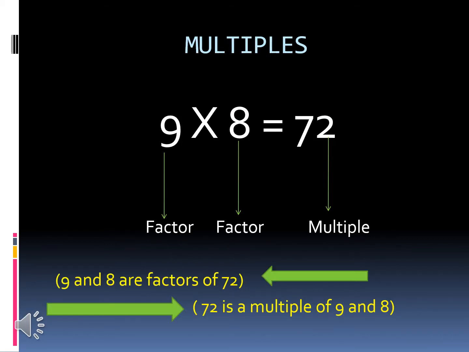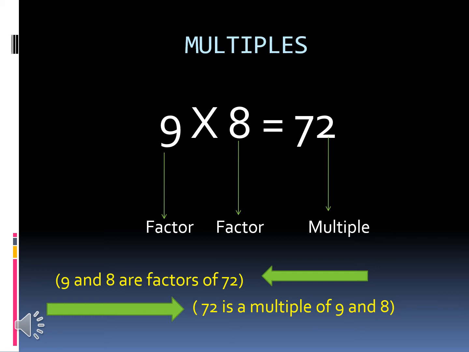Now let's learn how factors play with multiples and how multiples play with factors. Very simple example in front of you. 9 8s are 72. So 9 exactly divides 72. 8 also exactly divides 72. So as you all know, 9 and 8 are factors of 72, right? So 9 and 8 are related to 72.